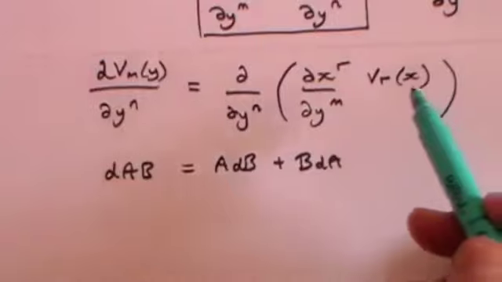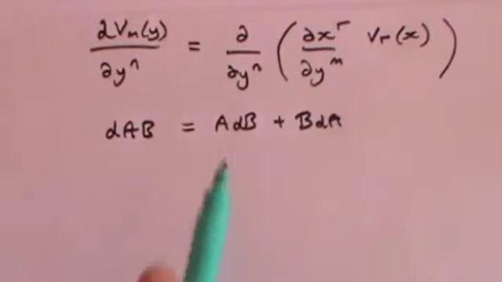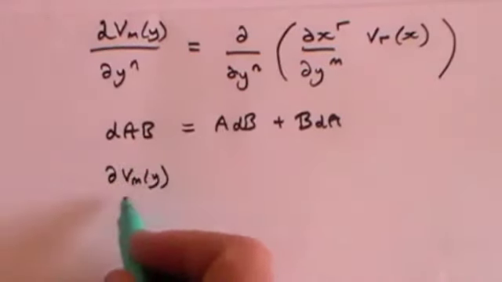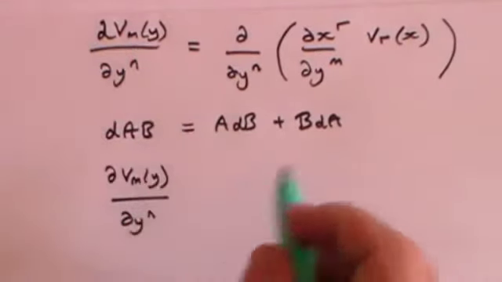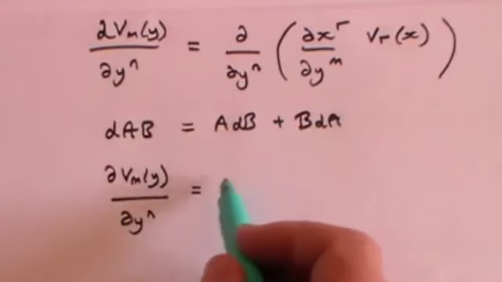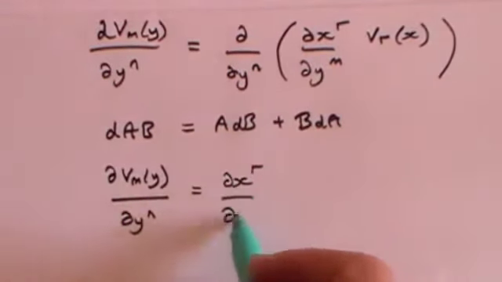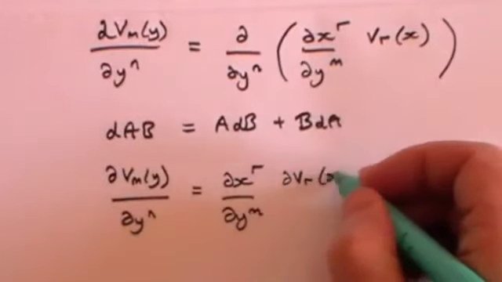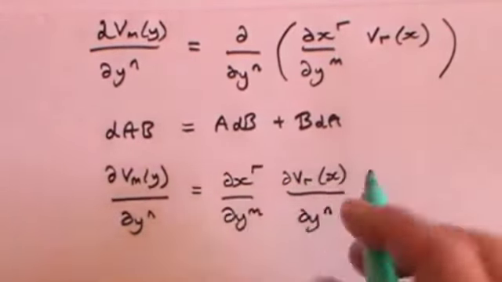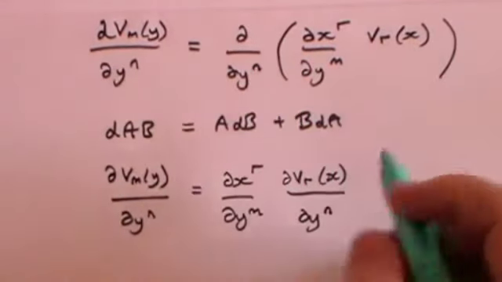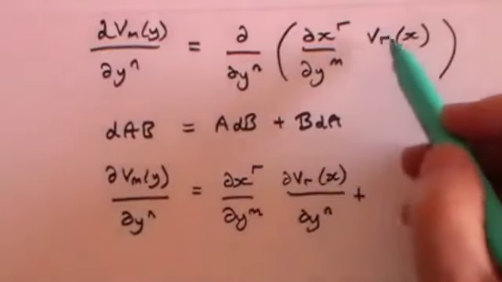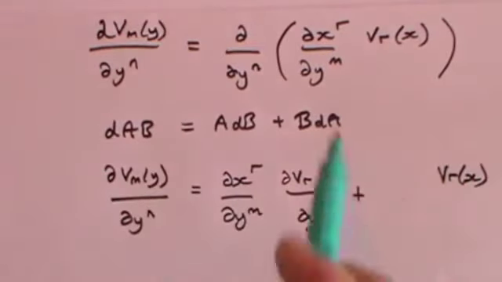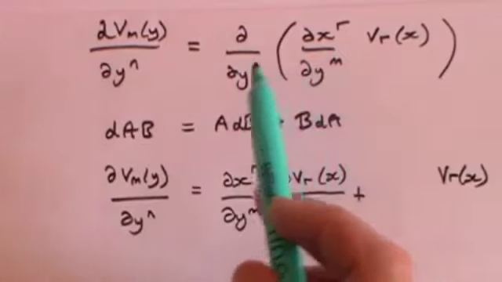So if this is A and this is B, then we've now got that dVm in y by dyn, which is this term here, is equal to A dB, which is dxr by dym, times dB, which is dVr in the x frame by dyn, plus B, which is Vr in x, which will stick out here, times dA, which is the combination of these two differentials.